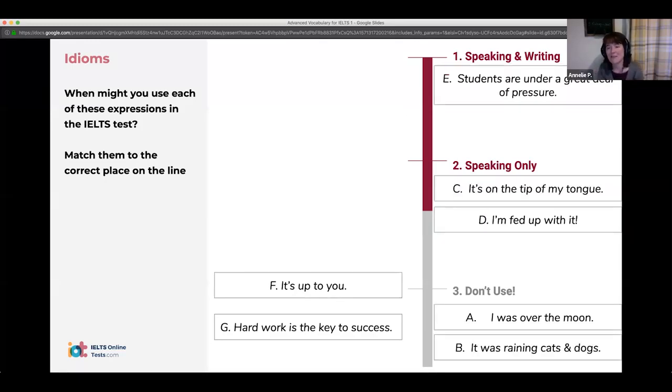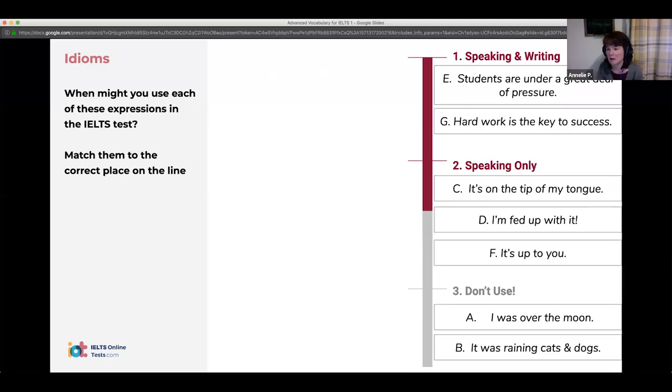So I don't think I've ever said in my whole life, it's raining cats and dogs. Sometimes things have been used so much, they become cliches rather than idioms, and then just don't use it. It's pouring down, it's raining heavily, it's hammering down, it's like a monsoon out there.